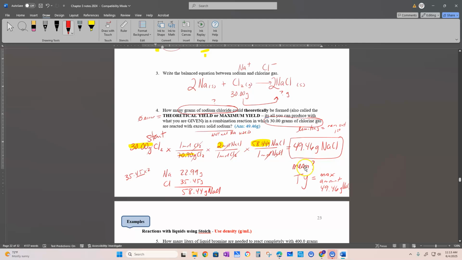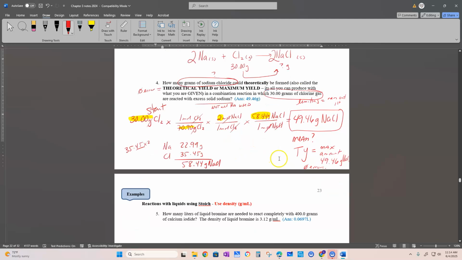But remember I said theoretically, if you had 0 errors, no solid fell out of the crucible, you heated it to completion, you did everything correct, somebody didn't break a test tube. So there's always going to be error, ladies and gentlemen. You're just trying to minimize the error.